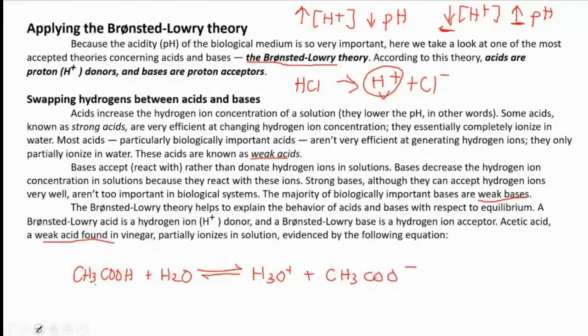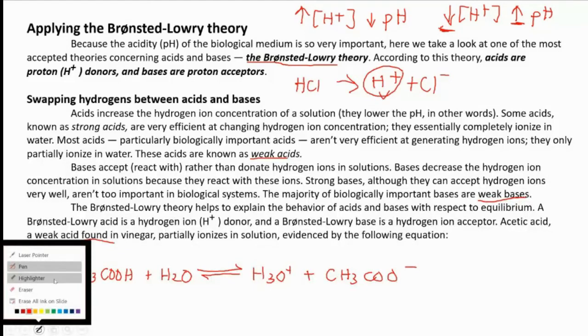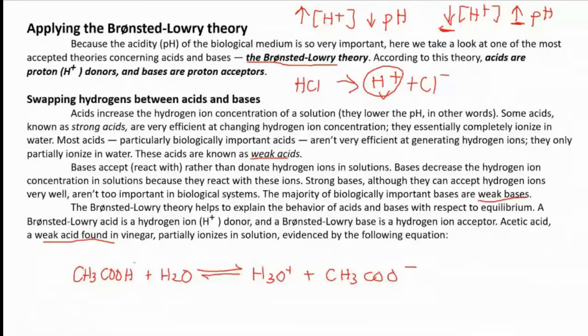So, si acetic acid dito is the acid kasi nag-donate siya ng H plus niya. Naging acetate ion siya. No? So, dinonate niya yung H plus niya kay water. So, si water ngayon dito, since nag-accept siya ng hydrogen, ang water is a base. So, this is your acid. Okay? So, this water is a Bronsted-Lowry base.